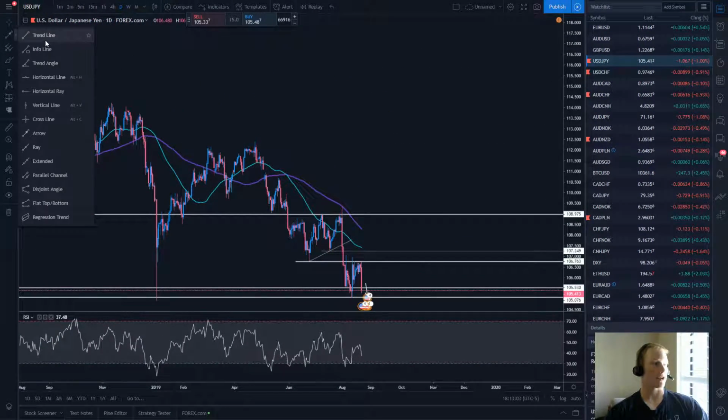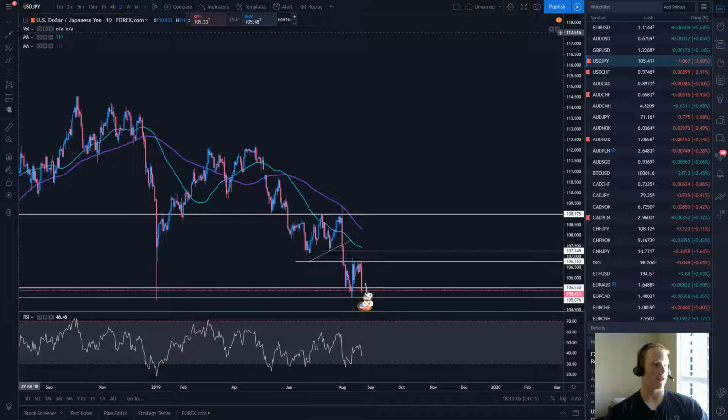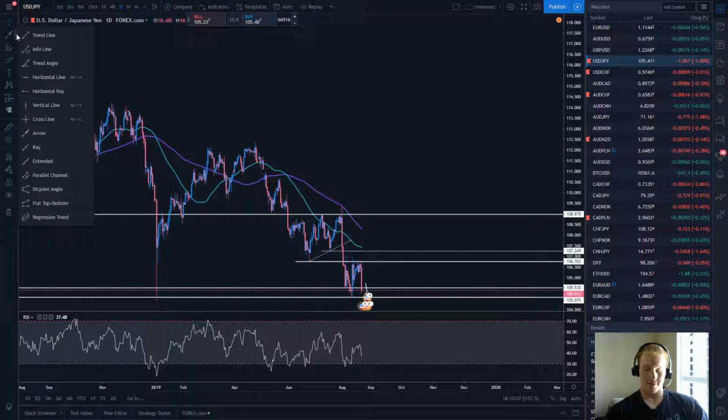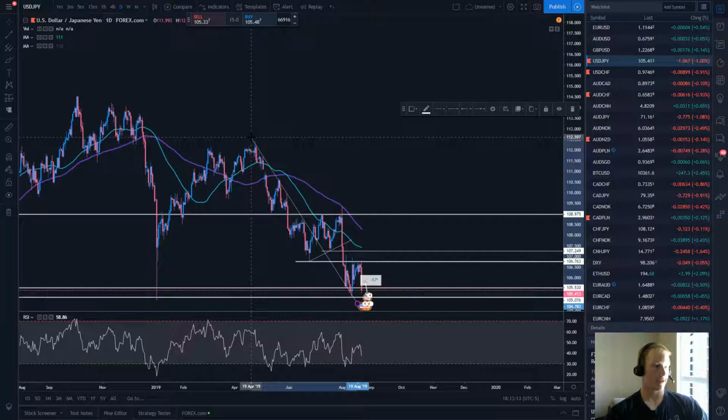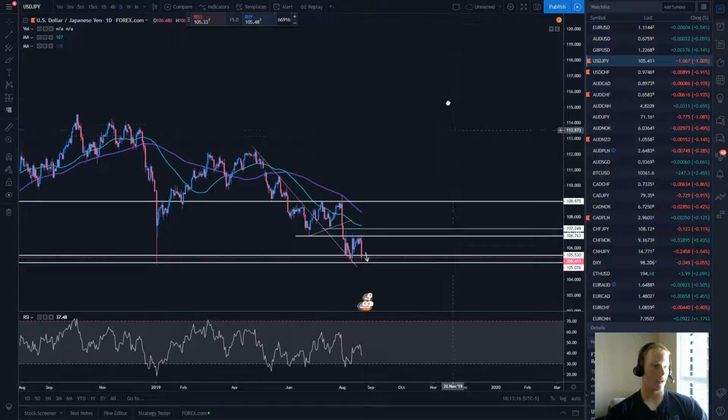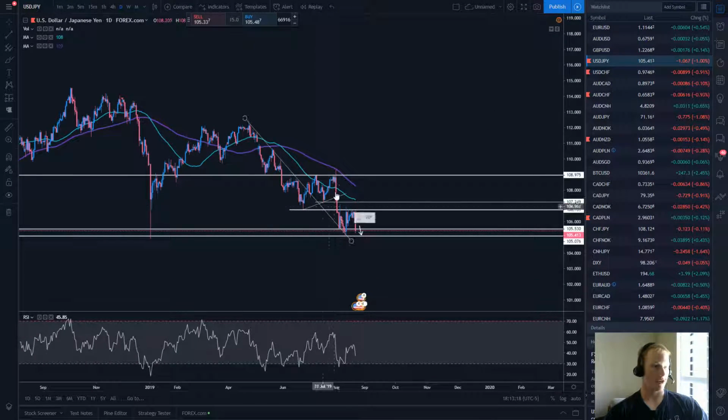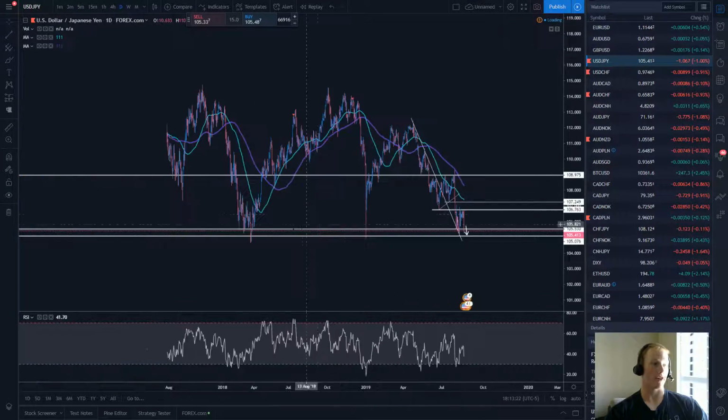And all you really need to watch out for on this is, see, that was a breakout pullback of this little trend channel here. Price broke out, pulled back all the way down here, and now it's retesting this low again. And this is a big time low.